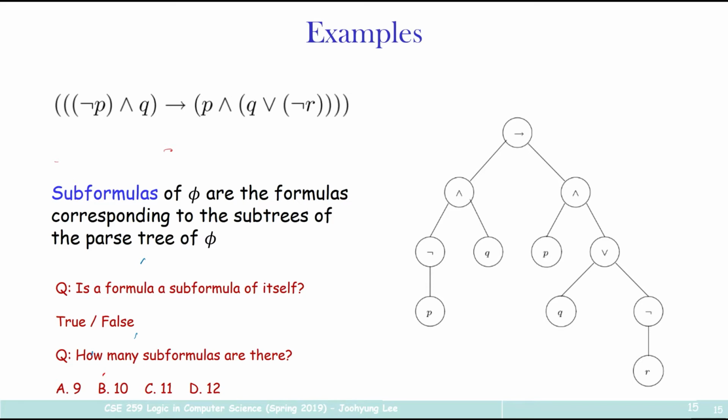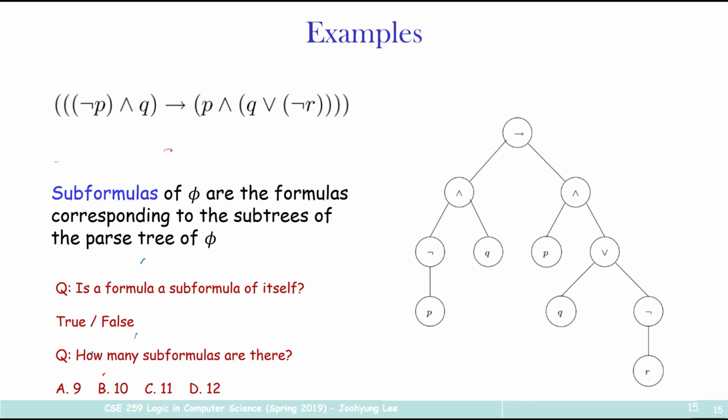All right, so let's see what you said. Majority chose C, so you're saying that there are 11 subformulas. So let's count them. It should be a subtree, a formula corresponding to the subtree.